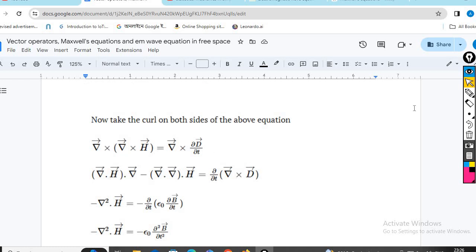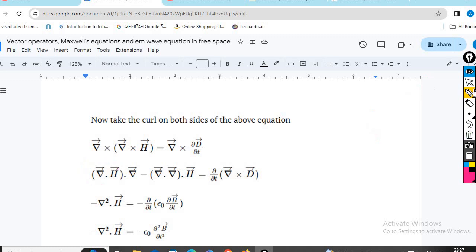Now you know B is equal to mu 0 H. This is also a representation of magnetic field. We know divergence of magnetic field is equal to 0. Divergence of B is equal to 0, so obviously divergence of H will also be equal to 0, as mu 0 is a constant quantity. So this factor is 0.